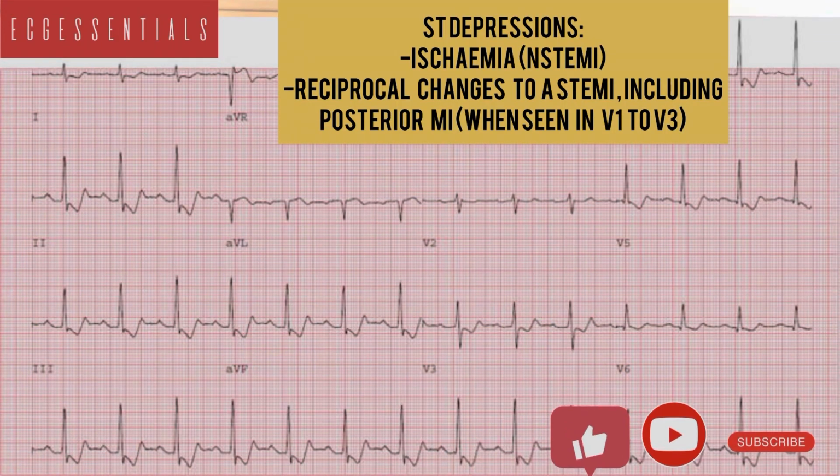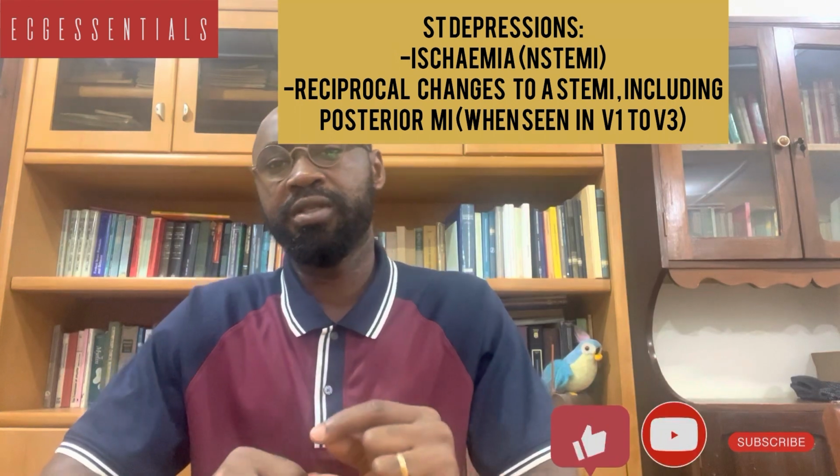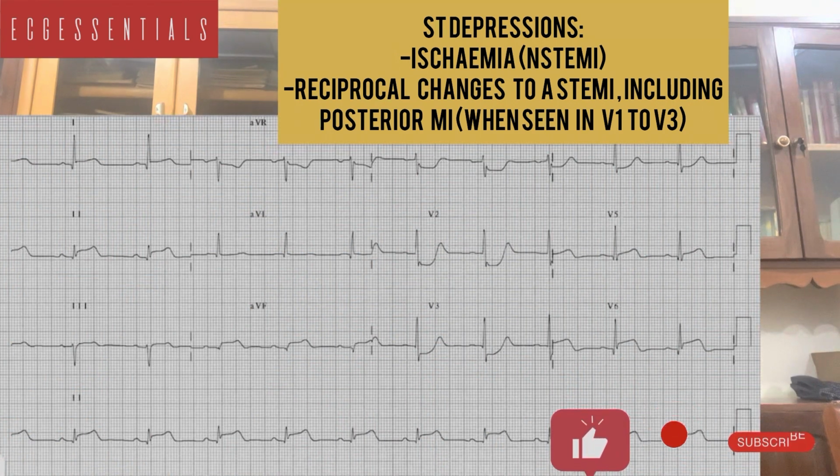With respect to the depression, aside from an acute ischemic event, say an NSTEMI, for example, we should also bear in mind that these ST depressions may actually represent reciprocal changes, very importantly, reciprocal changes to an ST elevation. And this is important to note, especially when we find these ST depressions localized to particular groups of leads, like the inferior leads or the left lateral leads.